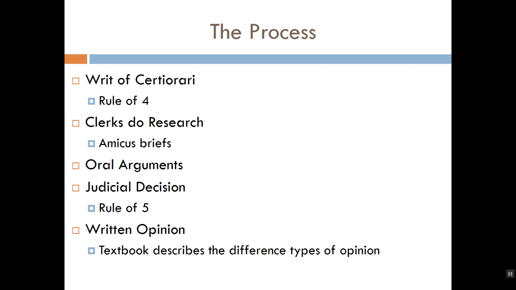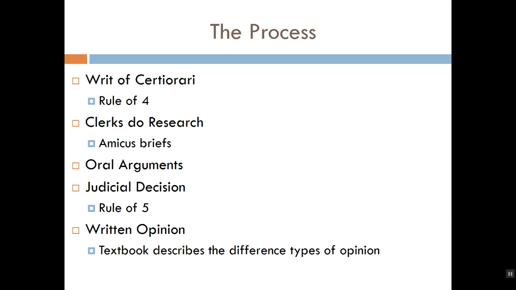Either way, once you've gotten a writ of certiorari, the next step is for the court clerks to do their research. The clerks are basically legal professionals who gather all of the necessary arguments and information about the dispute, compile it into a synopsized report, and hand that report over to the justices. The justices will then read through these reports before moving on to the next step.